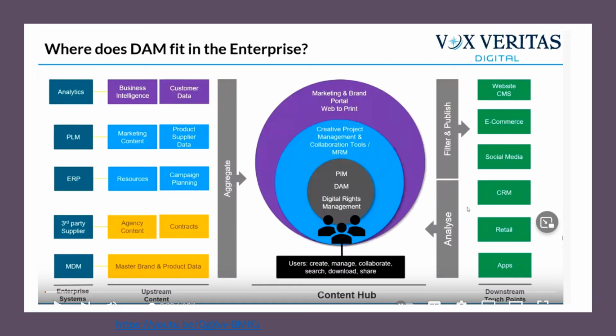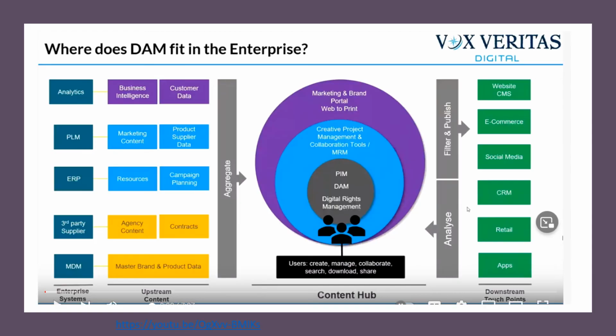Okay, this framework shows where DAM fits in the enterprise. Jadi dekat sini kalau kita lihat dia ada few layers yang mana dekat situ kita can see the enterprise system. And then kita boleh lihat the upstream of the content, maknanya all the sumber-sumber yang ada tu.